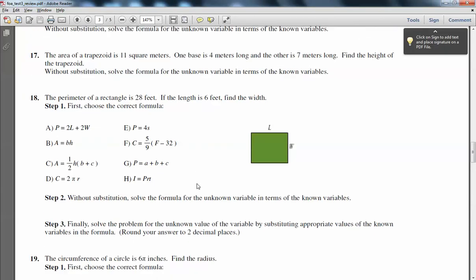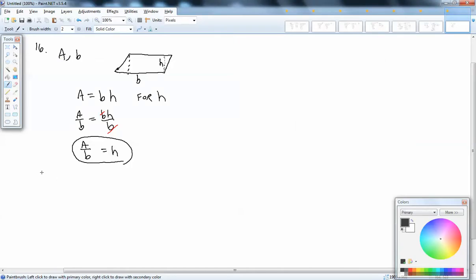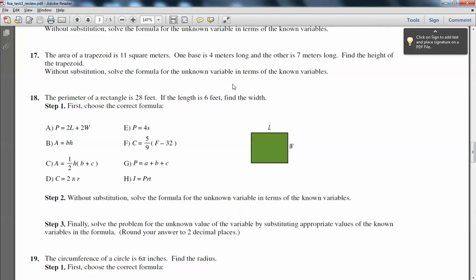And this is going to be great if I have to remember the formula for the area of a trapezoid. Area of a trapezoid. Yeah. Okay. Find height. Height of the trapezoid.